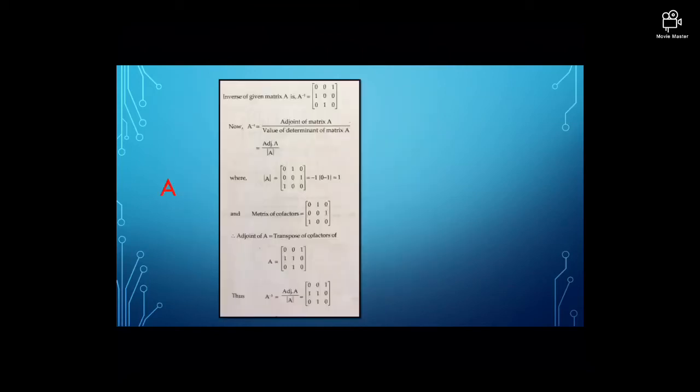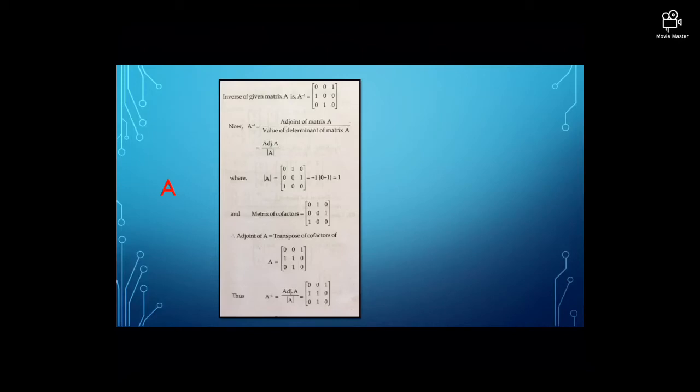Next question: the inverse of the matrix [0, 1, 0; 0, 0, 1; 1, 0, 0] is what? The inverse of the given matrix A is just the transpose of that, from the properties of the matrix.